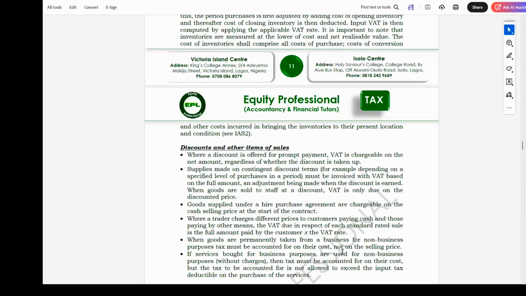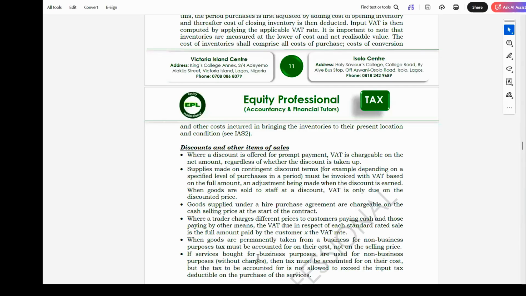The VAT will be accounted for on the cost of the item, because you are not selling it, but you are taking it for your own usage. You will have suffered VAT, which will have been subjected to input VAT. So when you want to take that item, you must account for the VAT on the cost of the item, so that you don't cheat government, and government also does not cheat you.